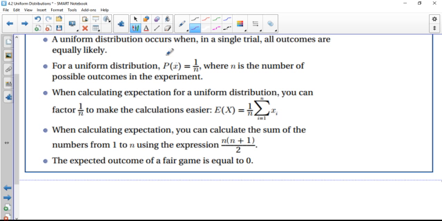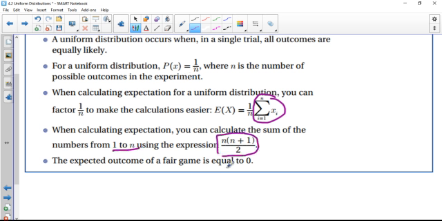When calculating the expectation of a uniform distribution, you factor the 1/n out, and then it's just the sum of xi. If you're adding numbers from 1 to n, it's equal to n times n plus 1 over 2.